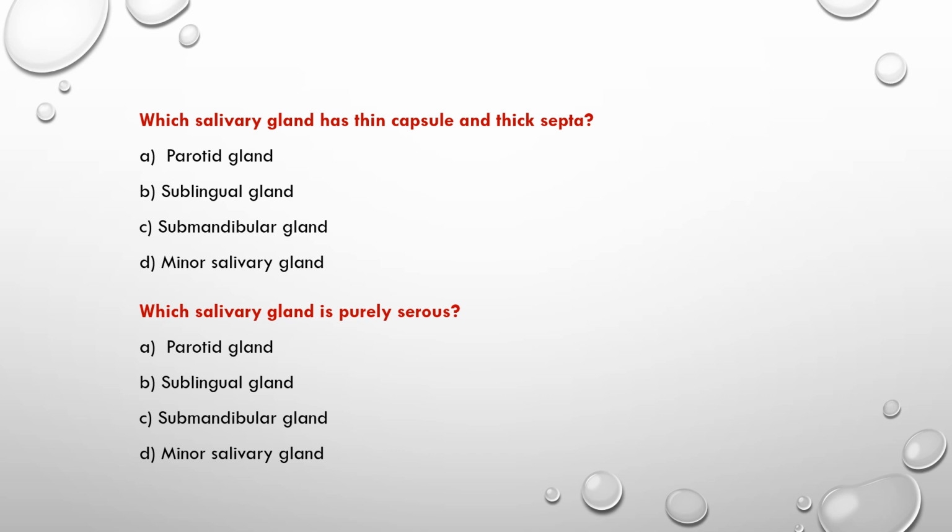The answer is number A, parotid gland, as the sublingual gland is a predominantly mucous gland and the submandibular gland is predominantly serous but not purely serous, while minor salivary glands are mostly mucus-secreting glands.